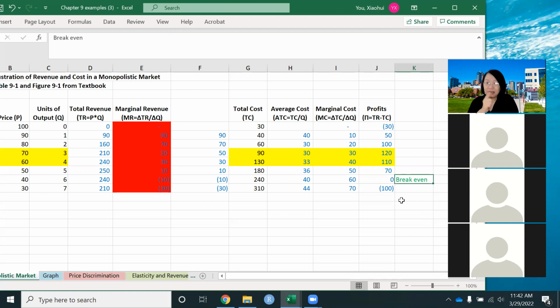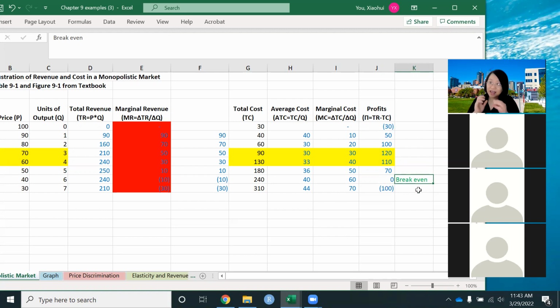in chapter 9, we talk about the monopolistic market, right? But normally when you learn macroeconomics, you learn perfect competition. So for the general market, that's perfect competition. In a perfect competition market, the firms will produce at break even, always with profit equal to 0.